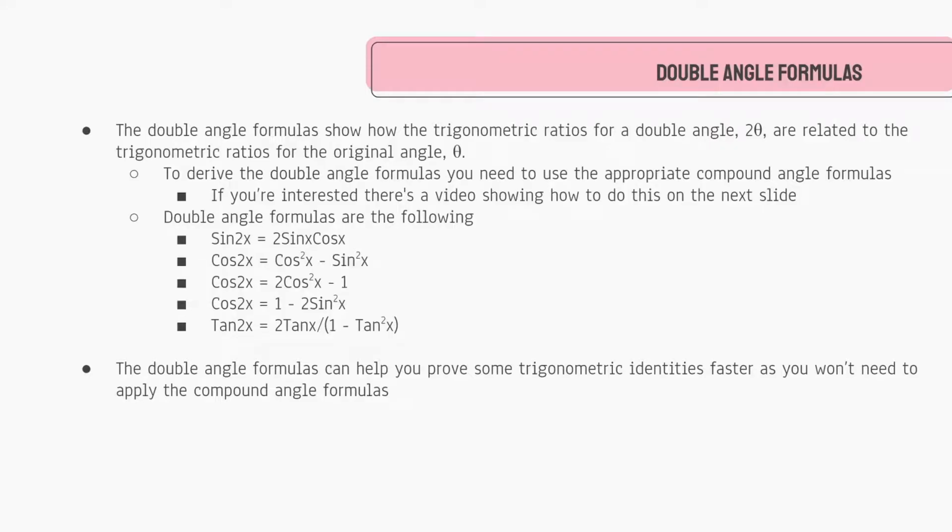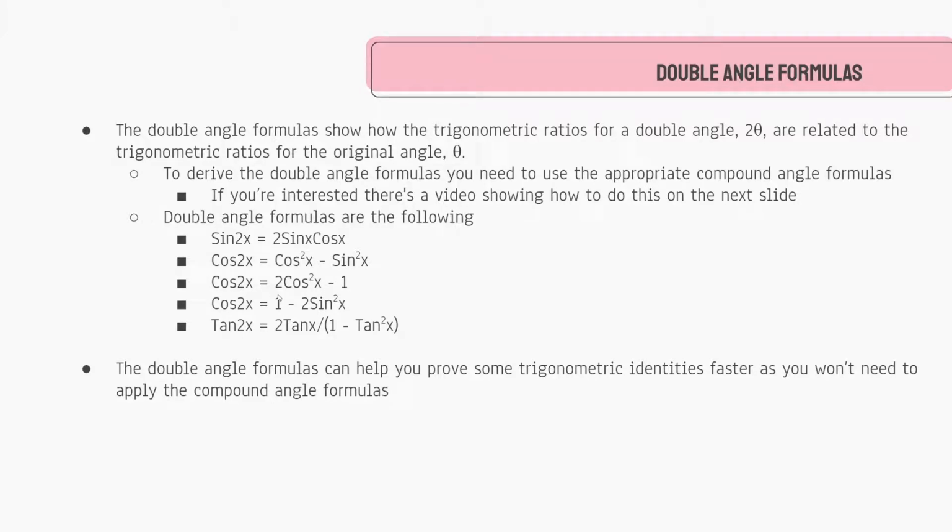So, I hope you enjoyed the demonstration, and now I've simply written down all of the formulas we have derived. So, again, sine of 2x is equal to 2 times sine x times cos x. Cos of 2x has 3 different variations. The first one being cos squared x minus sine squared x. The second one is 2 cos squared x minus 1.